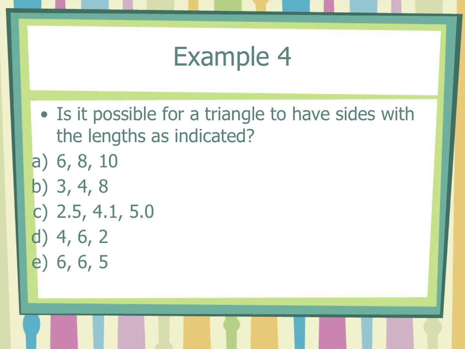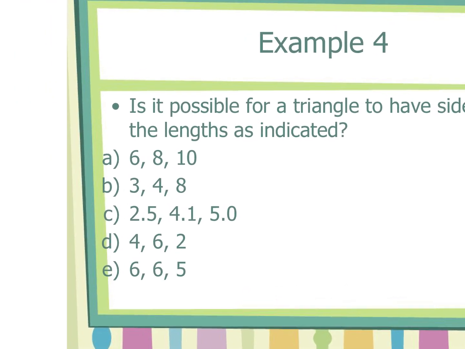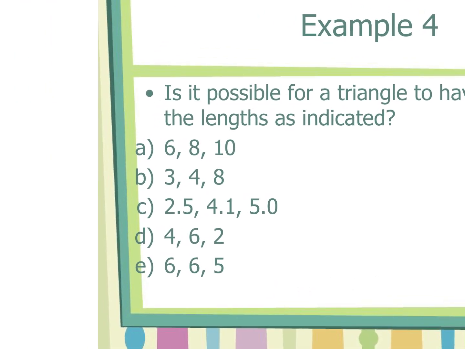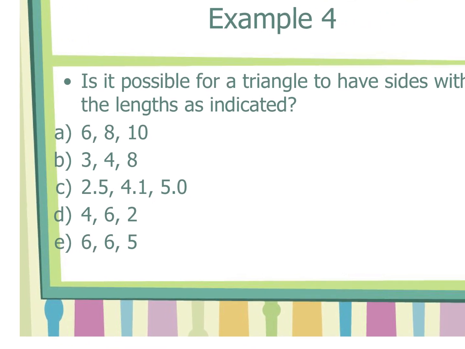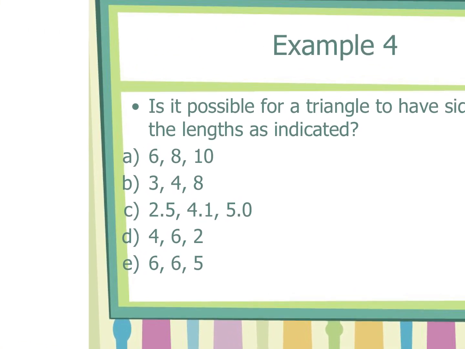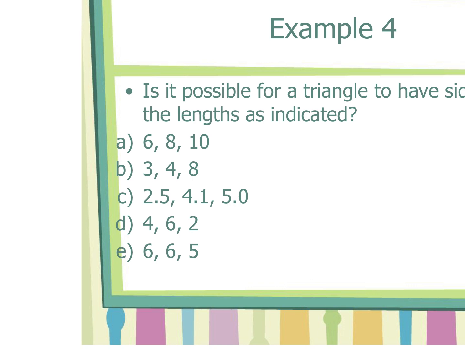Last example, okay? I'm going to do 2 of these, and then the rest is on you guys. In order to determine whether 3 lengths are possible for a triangle, you add the 2 smallest sides and compare to the biggest.